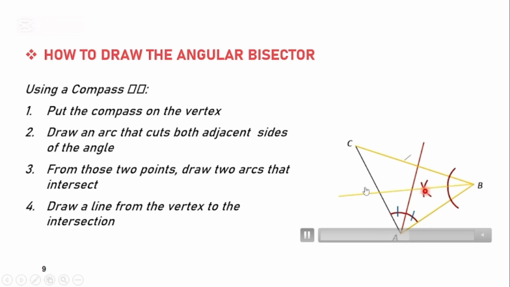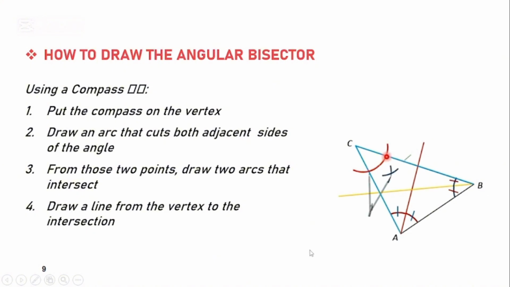Now we draw a line from B to this point of intersection, and the angular bisector is drawn. The last one from C, we put the compass on vertex C, and we draw two arcs that intersect. From the points of intersection, we draw another two arcs. Then we draw a line from C to this point of intersection.